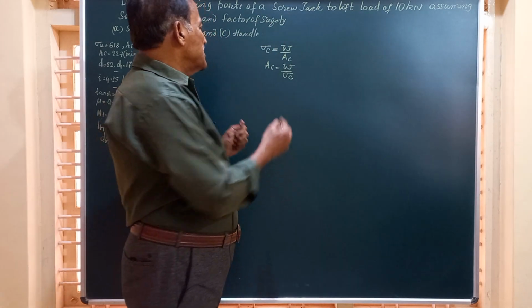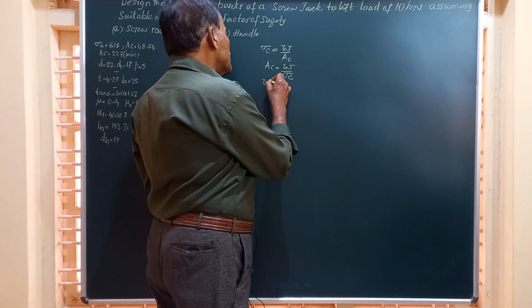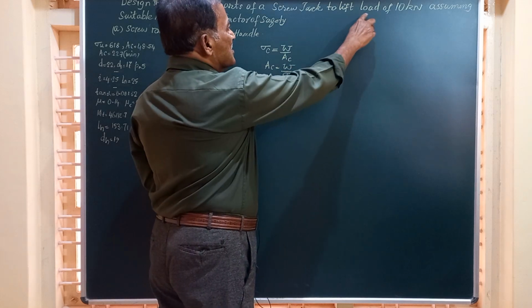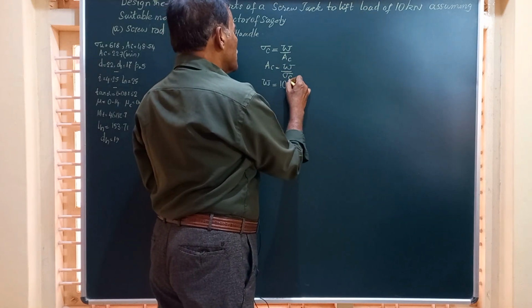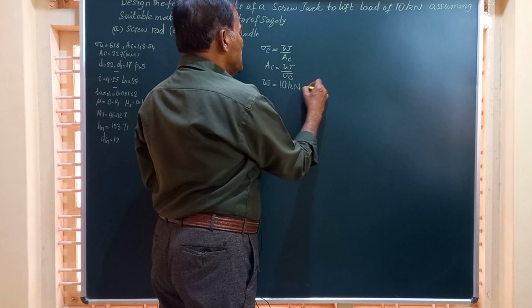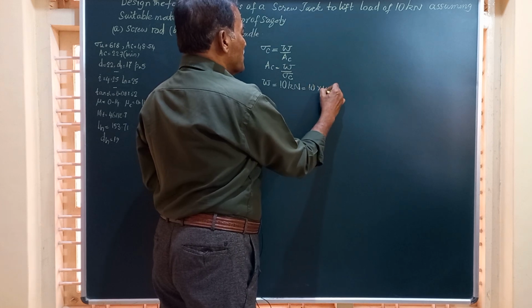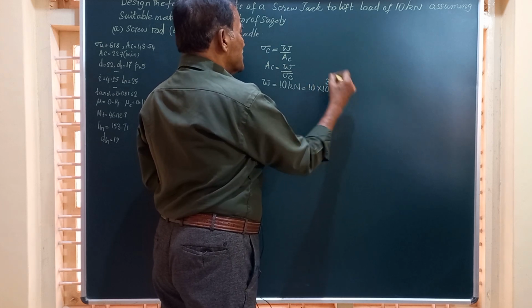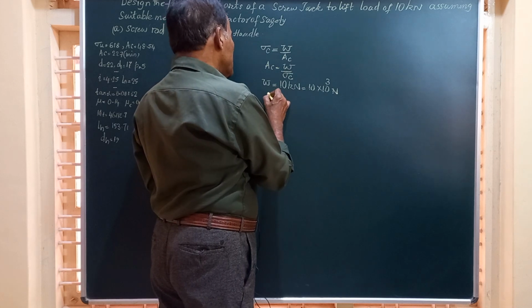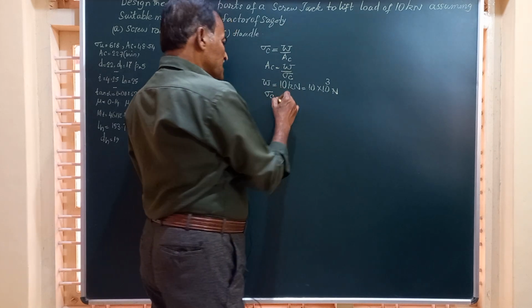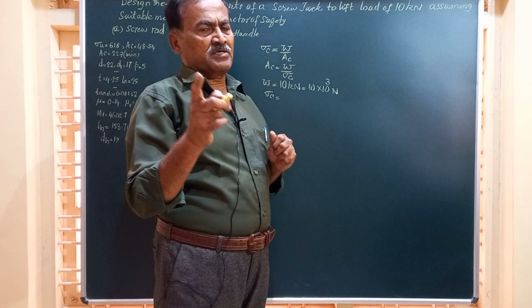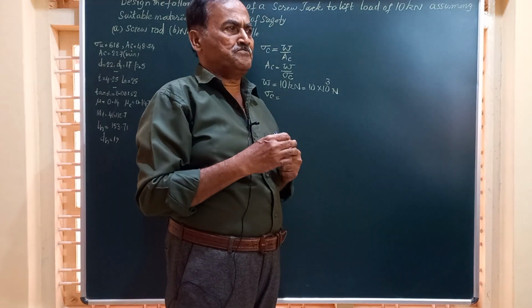Friends, here this W is the total load to be raised, that is 10 kilonewton. So we will convert that to Newton, that is 10 into 10 to the power of 3 Newton is the load to be raised. And friends, this sigma c is the permissible compressive stress in the rod.